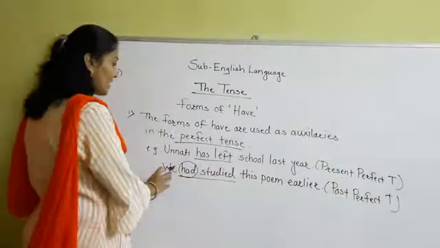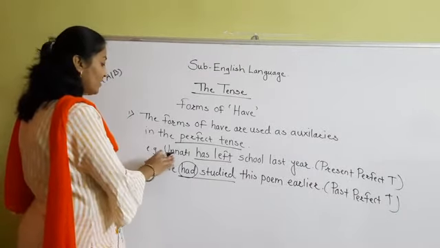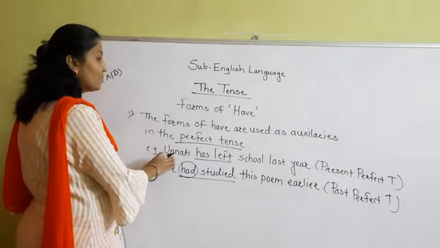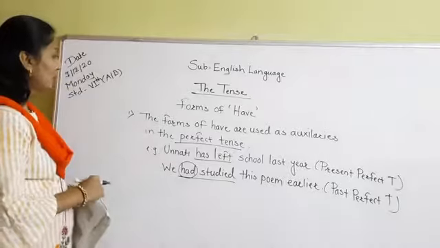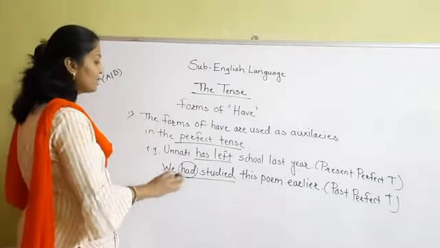So that is the formula of the past perfect tense. So the first sentence is of the present perfect tense and the second sentence is of the past perfect tense. In this way we can use the various forms of have in sentences.